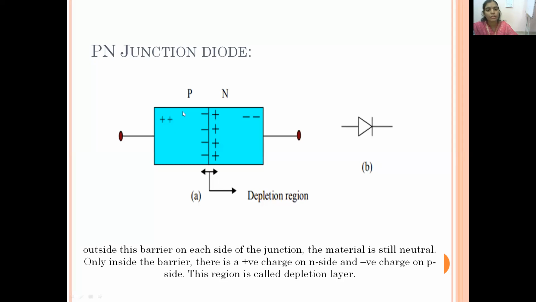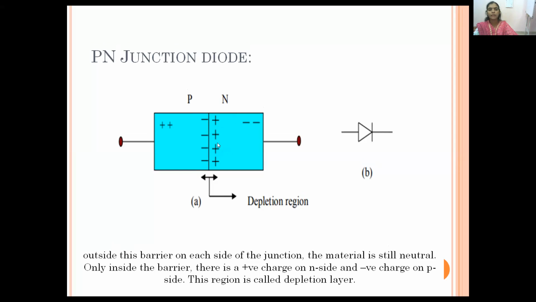See here, the left side material is a p-type semiconductor having negative acceptor ions and positive charge holes, and the right side material is an n-type semiconductor having positive donor ions and free electrons.